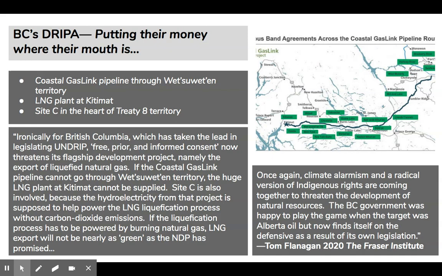If the Coastal GasLink pipeline cannot go through Wet'suwet'en territory, the huge LNG plant at Kitimat cannot be supplied. Site C is also involved because the hydroelectricity from that project is supposed to help power the LNG liquefaction process without carbon dioxide emissions. If the liquefaction process has to be powered by burning natural gas, LNG export will not be nearly as green as the NDP has promised.